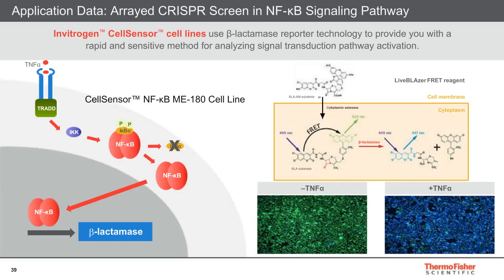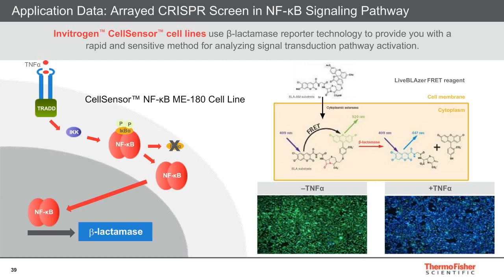And the way we detect this is using a LiveBLAzer substrate. When the cells are loaded with LiveBLAzer substrate, if there is no beta-lactamase production, the substrate is intact and it basically works on a FRET-based mechanism. So when you excite the substrate at 409, it emits in the green range.